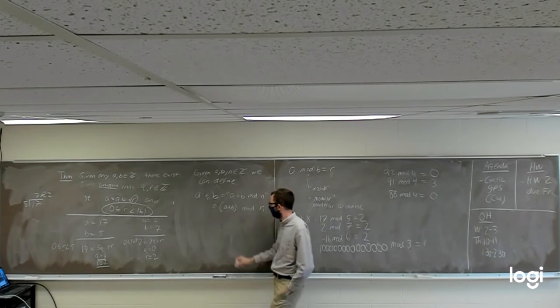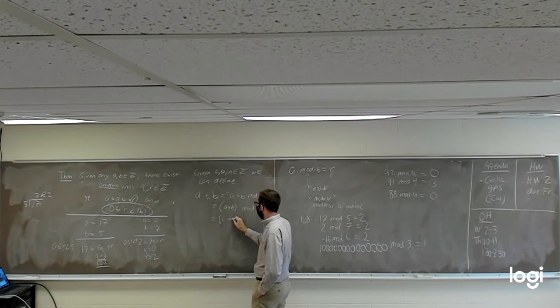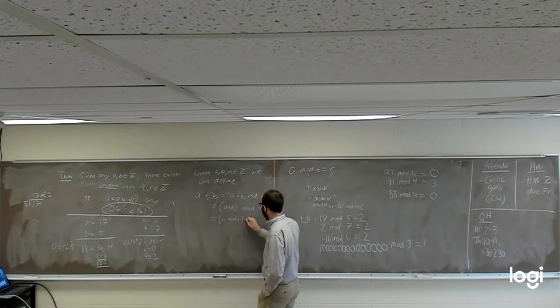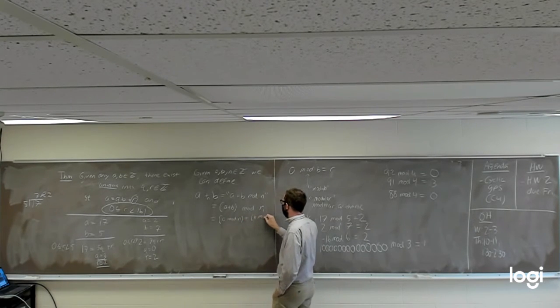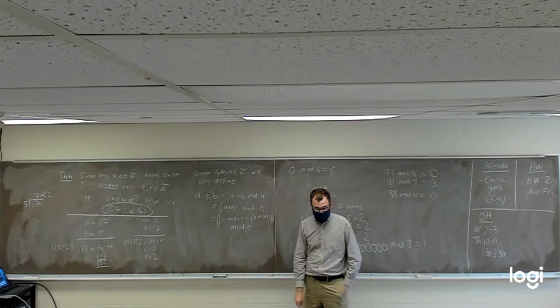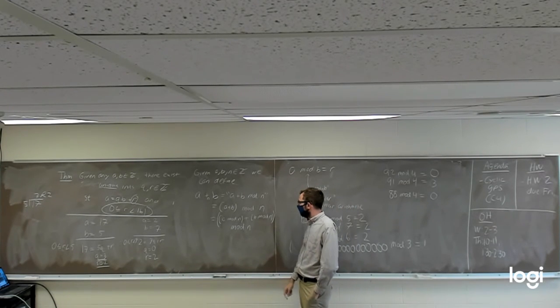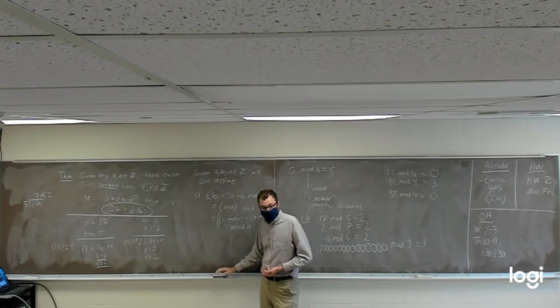Alternatively, you could also do a mod n plus b mod n and then mod out by n. It's pretty weird.